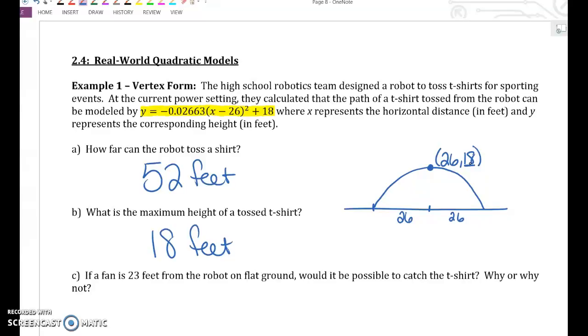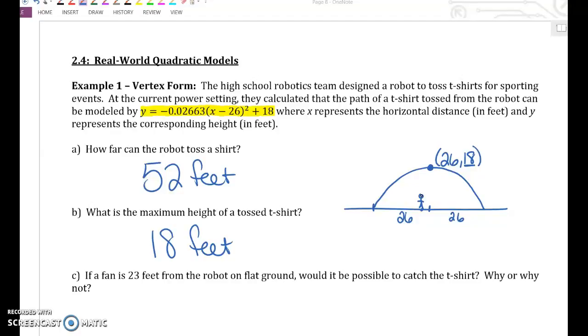If a fan is 23 feet from the robot on flat ground, would it be possible to catch the t-shirt? So 23 feet would be like right about here. So if it was your average person standing here, could they catch that t-shirt?